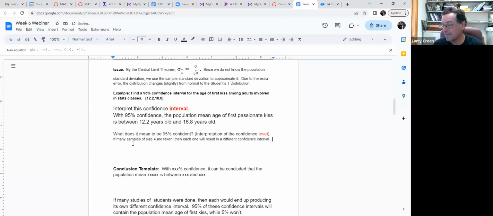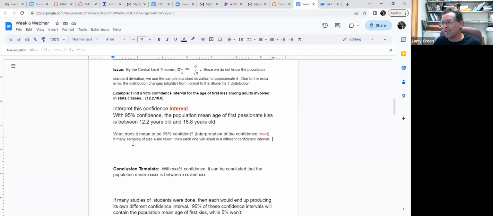Okay, so if I asked 4 different people in America, I'm probably going to get a different average age of first kiss. Then if I went and asked another 4 different people, I get another different average age of first kiss. So if you look at all the different 4 people you could ask, or many of them, then 95% of the confidence intervals that are produced will actually be successful. Being successful means you actually did contain the population mean.